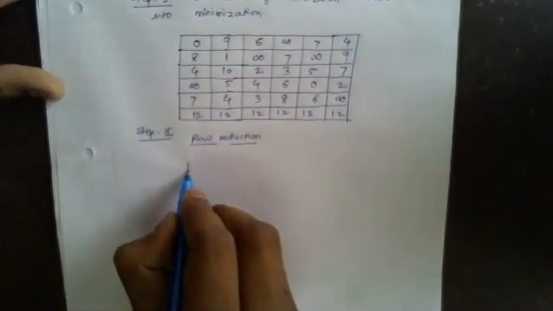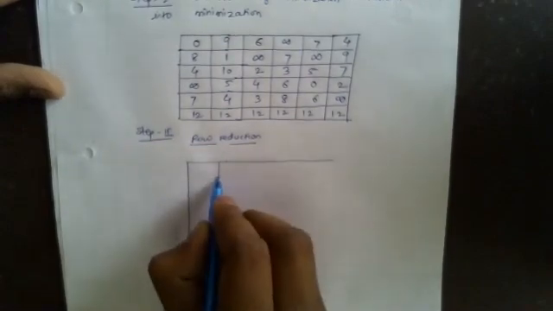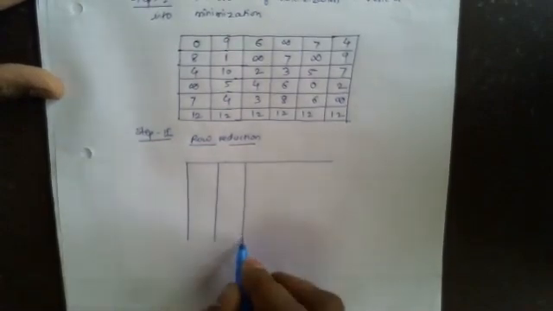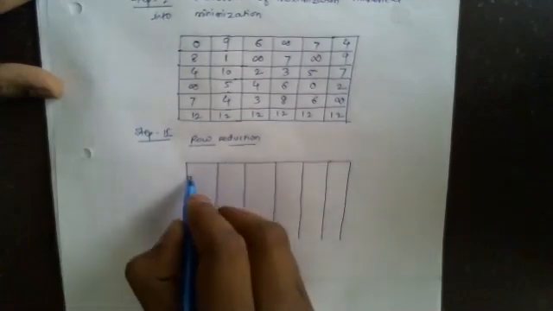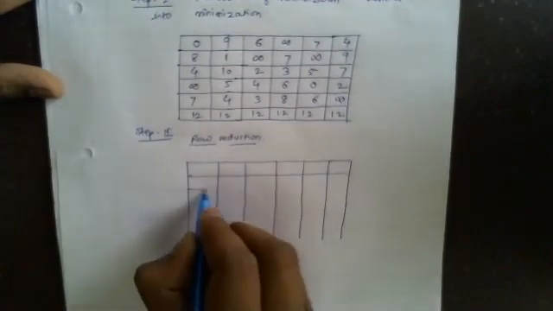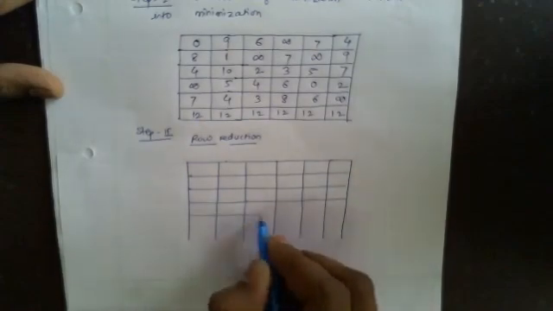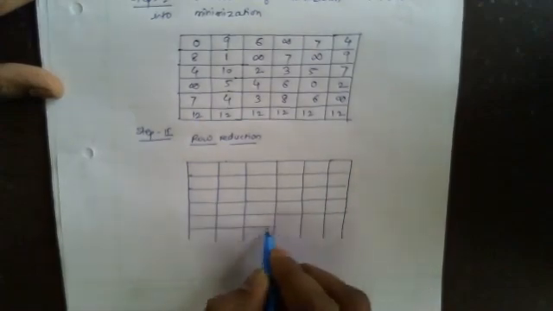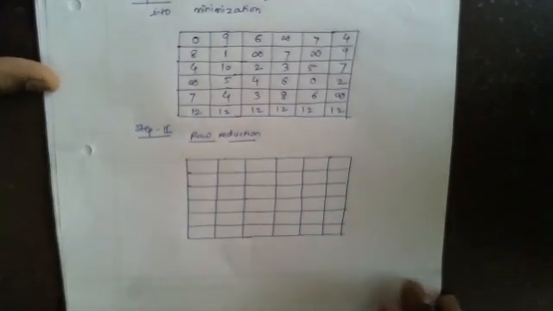I will draw the matrix. Now see, in the first row, 0 is the minimum.